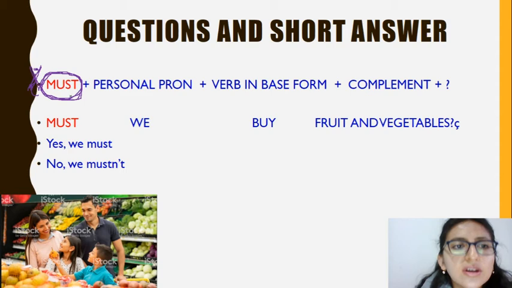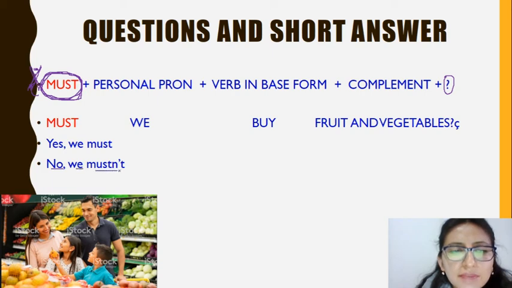¿Ok? So, must, the personal pronoun, plus the verb in base form, plus the complement and plus the question mark. Okay? So for example, in this case, must we buy fruit and vegetables? What is the meaning of must? Very good. ¿Debemos nosotros comprar fruta y vegetales? Okay? The positive answer, yes, we must.